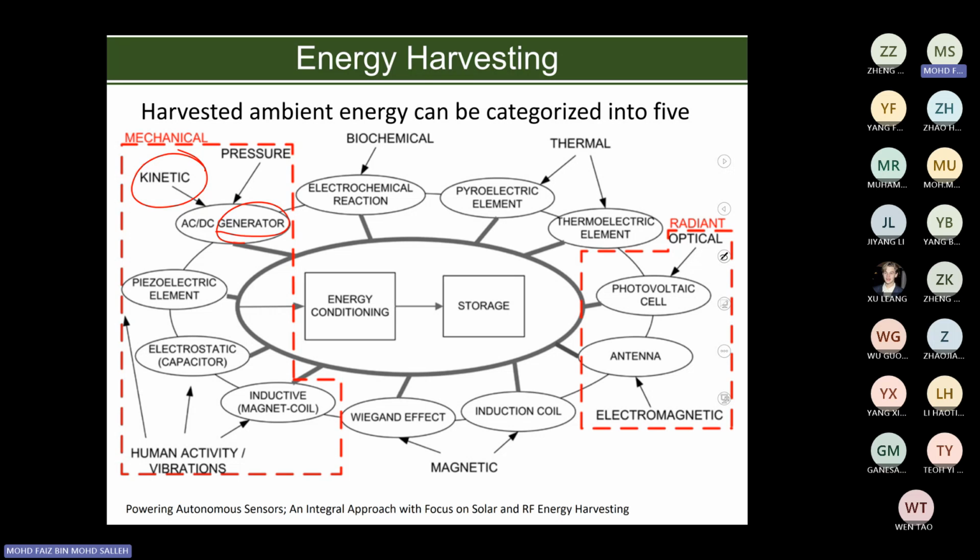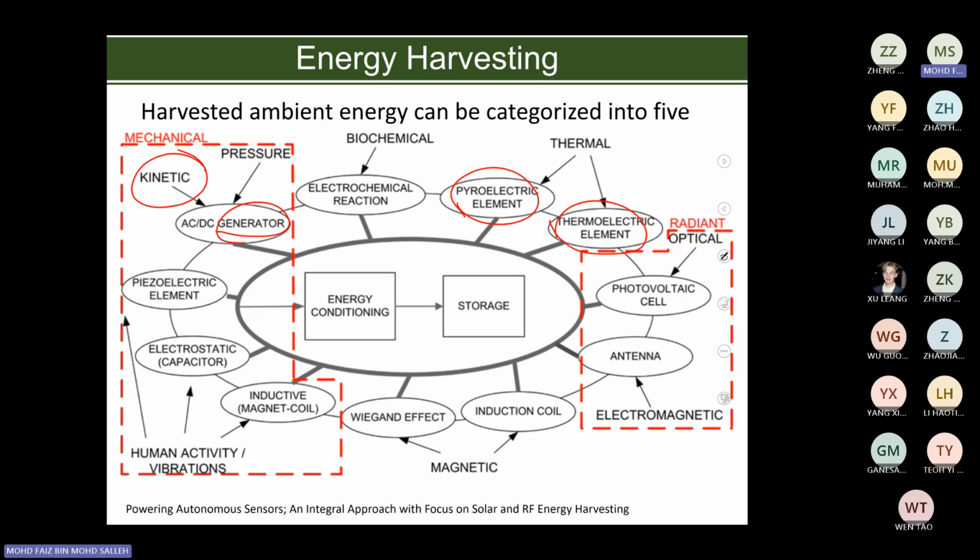When you have the flux that cuts the other field, you can produce electrical field. That is what happens inside AC and DC generators. Okay, if thermal, what can you use? You can use pyroelectric. You can use thermoelectric to generate electrical energy.